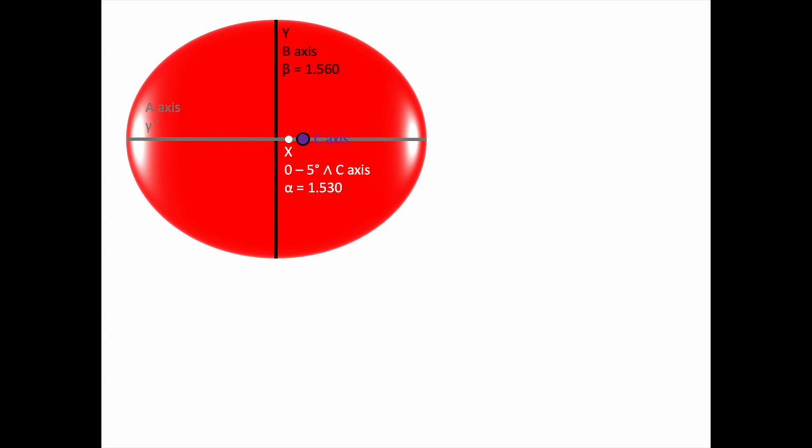So you can imagine we've rotated our 3D optical indicatrix just slightly. We can still see refractive index beta in this view, however refractive index gamma has been replaced with gamma prime, a value between beta and gamma. However, gamma prime is going to be very close to gamma as we've only rotated 5 to 10 degrees from our original view of our optical indicatrix. We should still be able to generate a pretty good almost BXA interference figure with just that slight rotation.